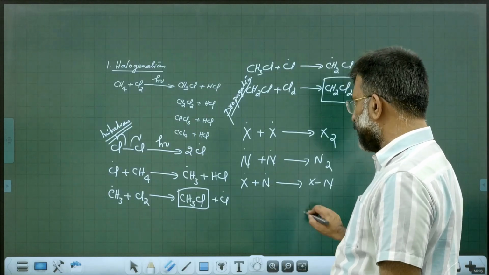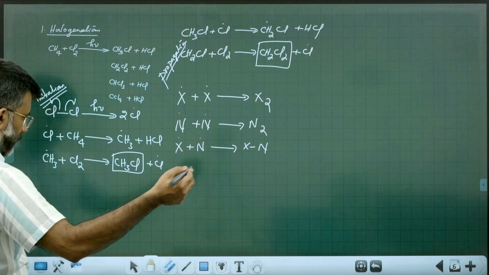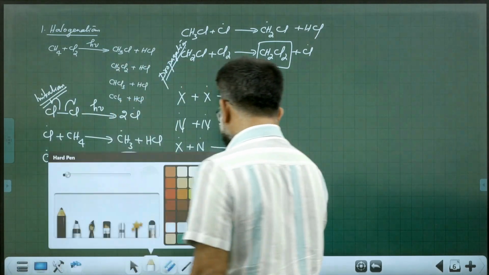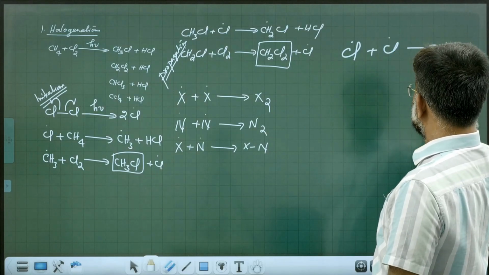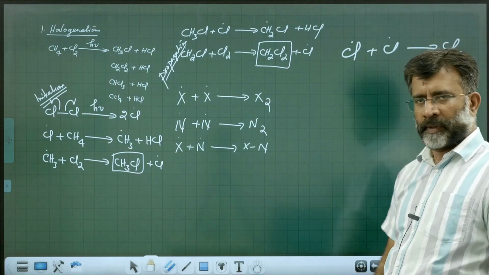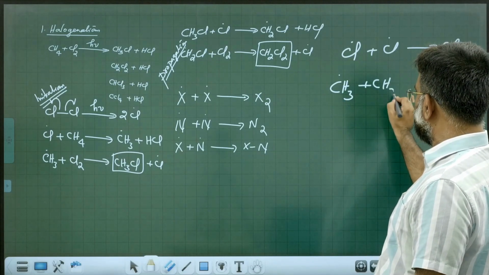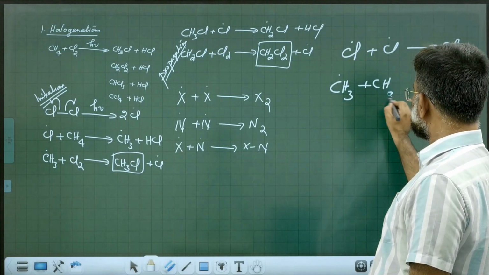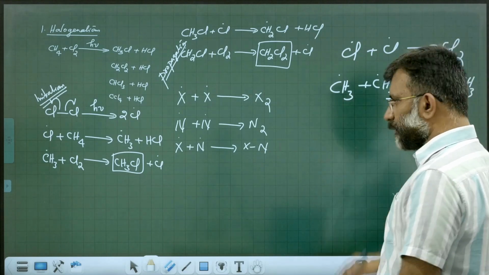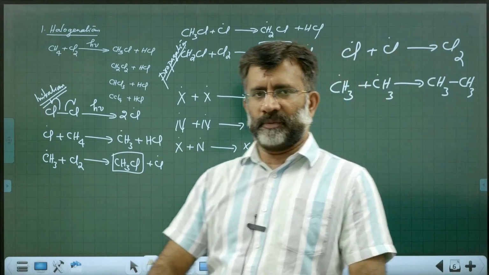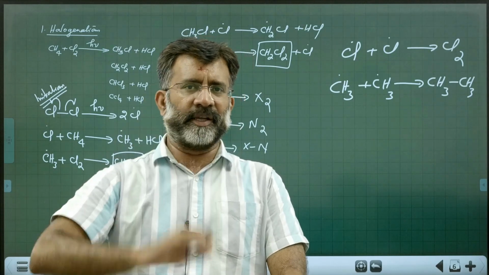Suppose in this case, from the reaction mixture, two chlorine free radicals meet, they will be converted to Cl2. Suppose two methyl free radicals meet, it will be terminated and you get ethane. There is a question: why, in the free radical chlorination of methane, is some amount of ethane obtained?